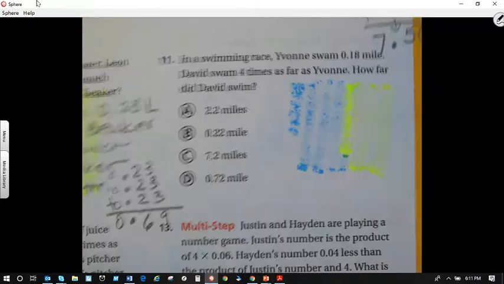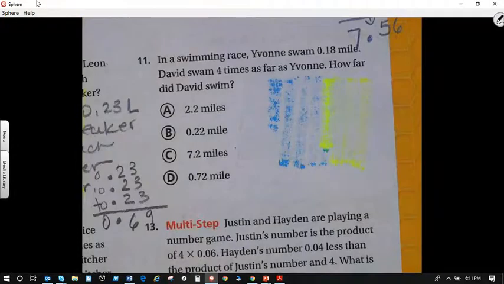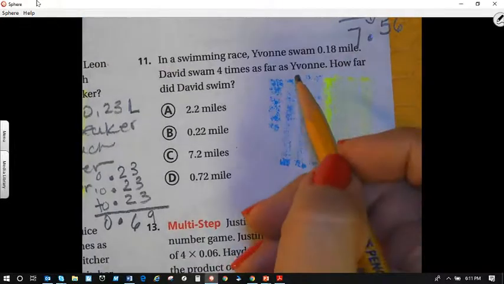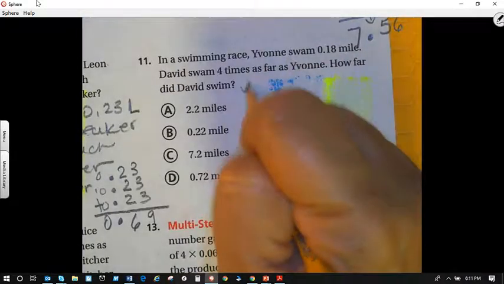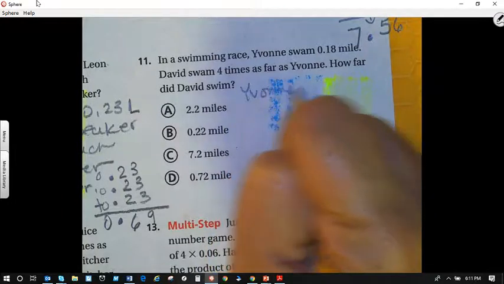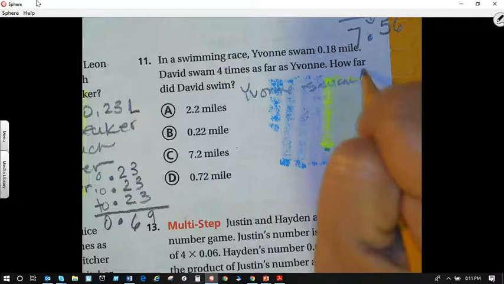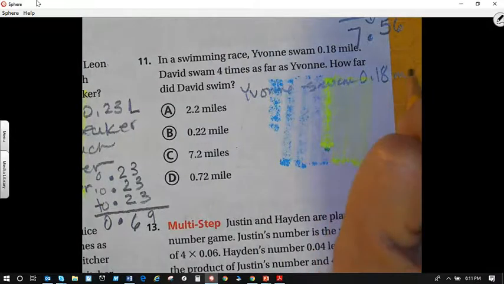Okay, number 11. In its swimming race, Yvonne swam 1,800 miles. Dave swam 4 times as much. So how far did Dave swim? All right, so we have Yvonne. Way to go, Yvonne. Swam 1/1800 of a mile.